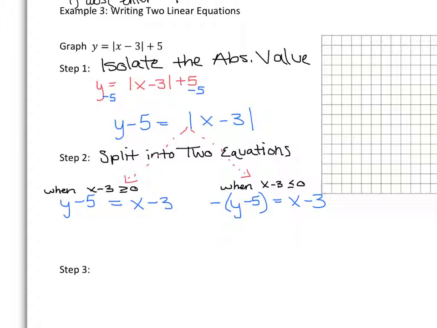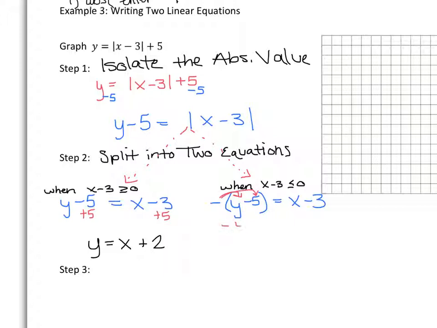From here, we're just going to solve these for y so we can graph them, okay? So for this one, we need to move the negative 5 over, so we're going to add it to the other side. So y will equal x plus 2. And then the other one takes a little more work. We need to distribute our negative in.